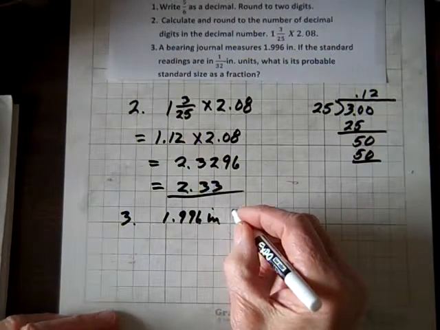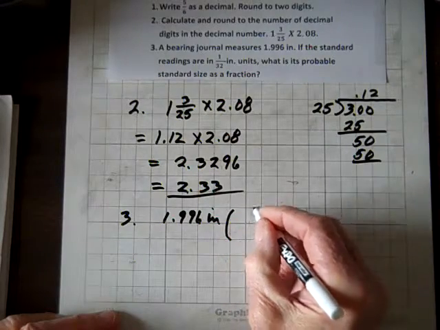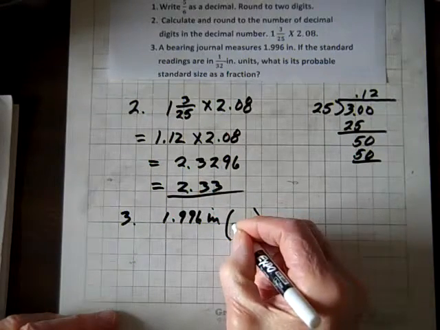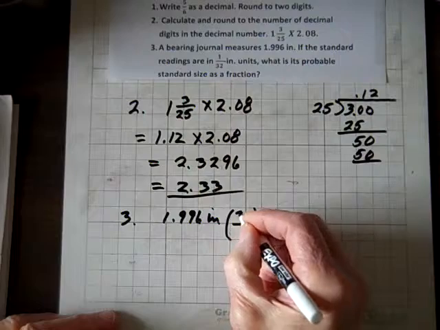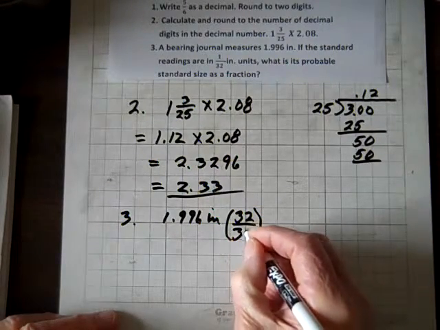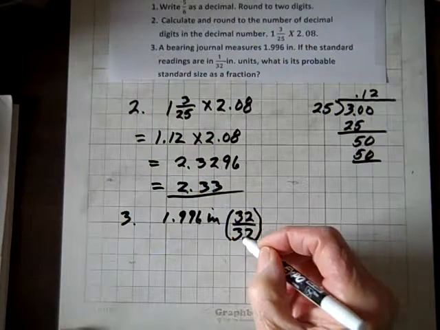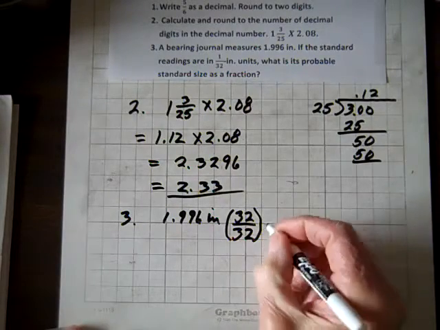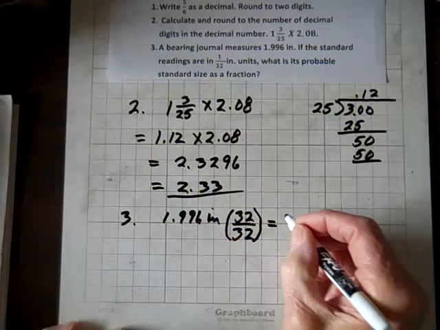Well, we need to get 32 in the denominator. But the only thing we can multiply anything by without changing its value is 1. So we'll multiply by 1 in the form of 32 over 32.